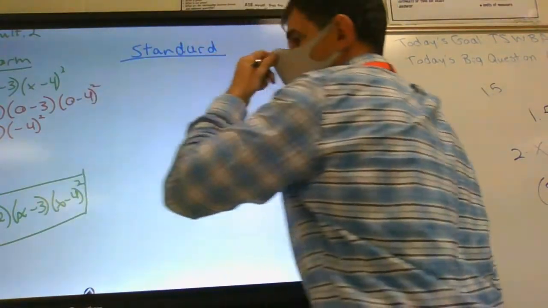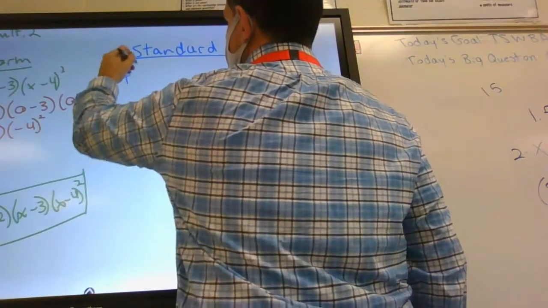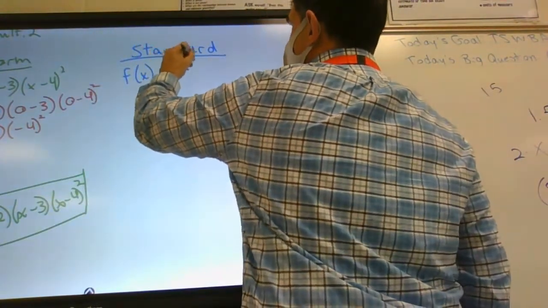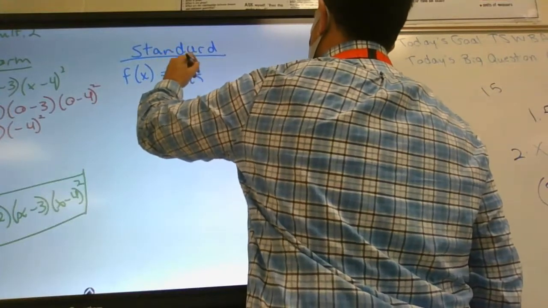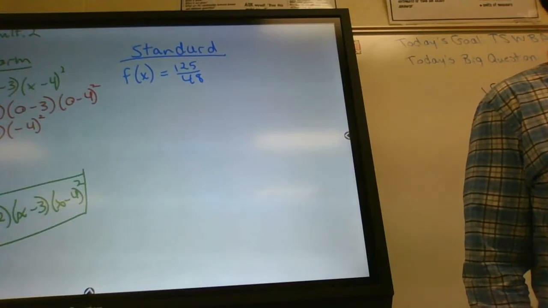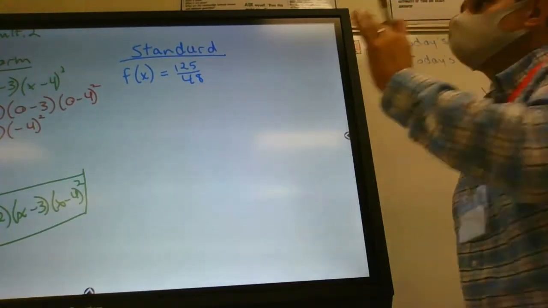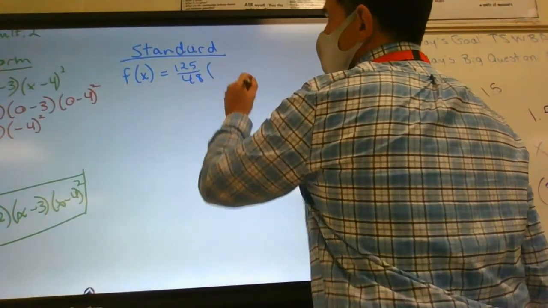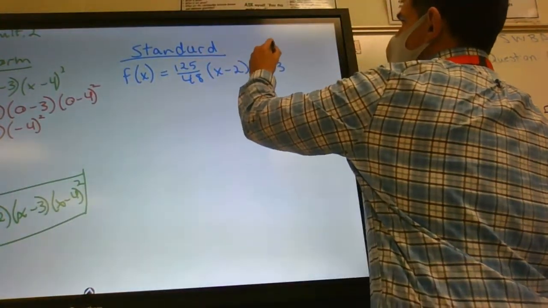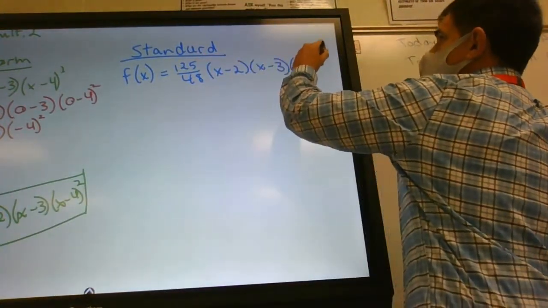For standard form, I have to do the following. I have to take this and actually multiply out. Now, I'm not going to require you to distribute 125 over 48 to everything. I just don't care whatever your lead number is. But you do need to do the following. If I've got x minus 2 times x minus 3 times x minus 4 squared.